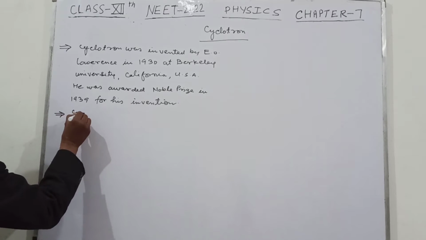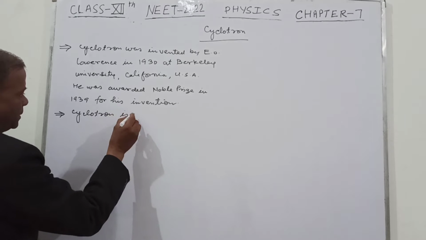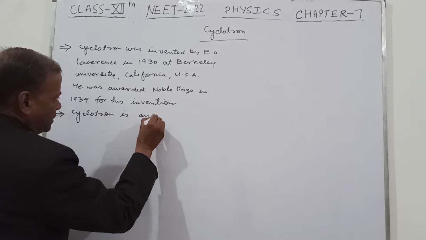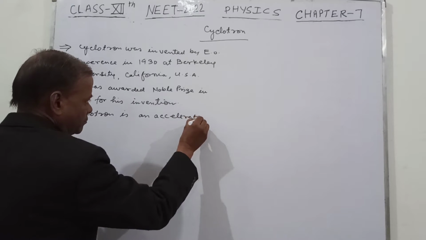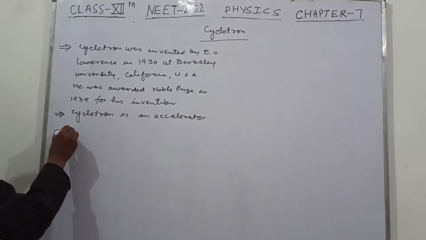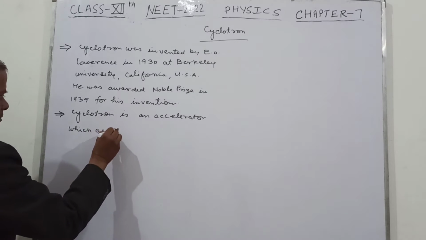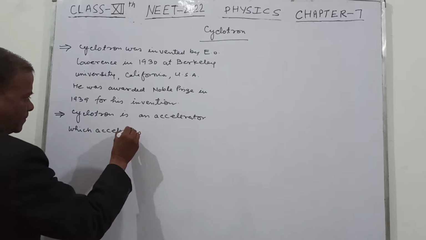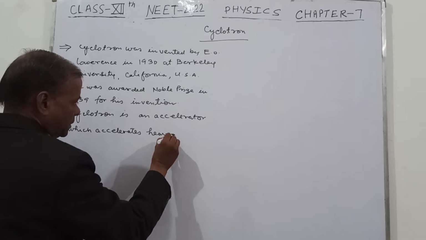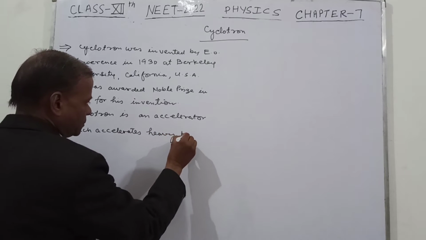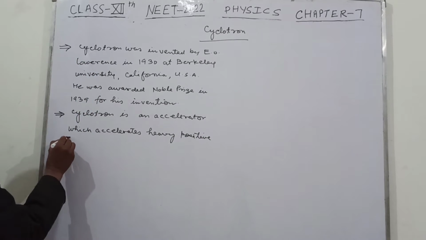Cyclotron is an accelerator which accelerates heavy positively charged particles.